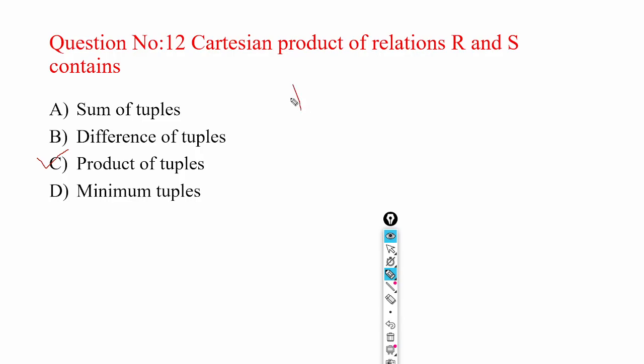If relation R has m tuples and relation S has n tuples, then we are calculating R cross S. That multiplication we call a Cartesian product. R cross S contains m cross n tuples.